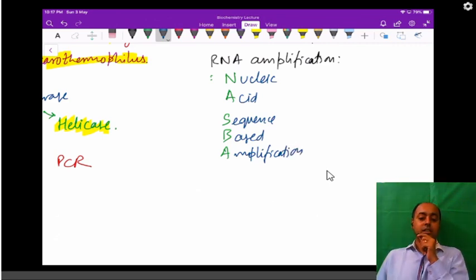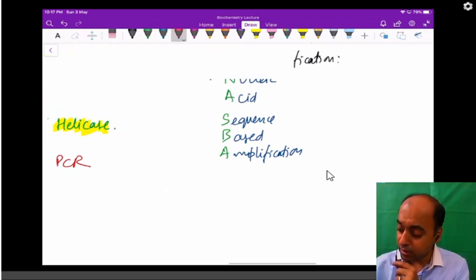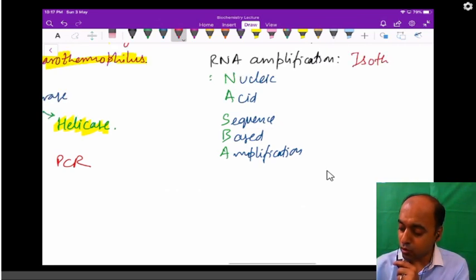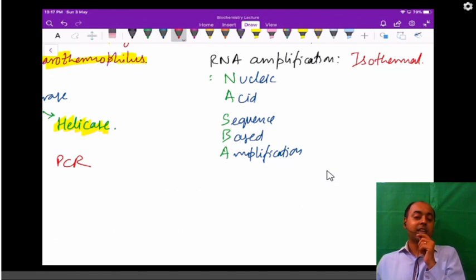NASBA stands for nucleic acid sequence based amplification. Please note, this technique is also isothermal in nature and the yield is more than PCR. So NASBA is an isothermal technique for RNA amplification.